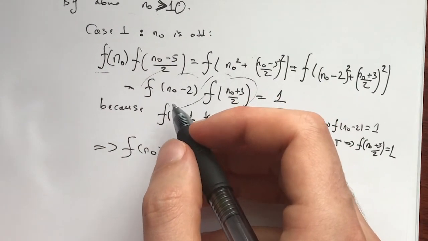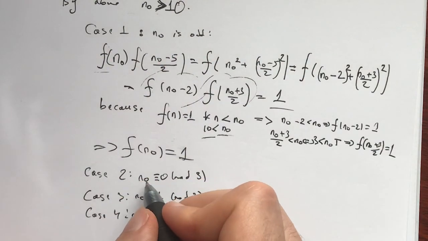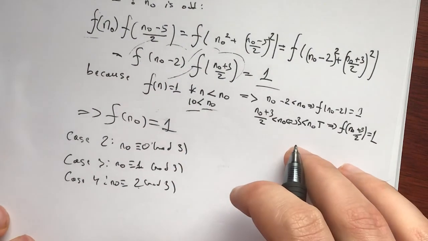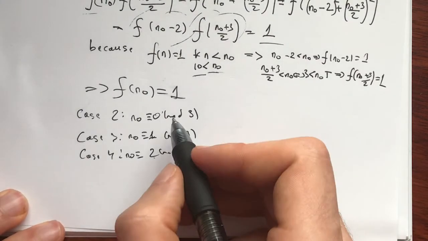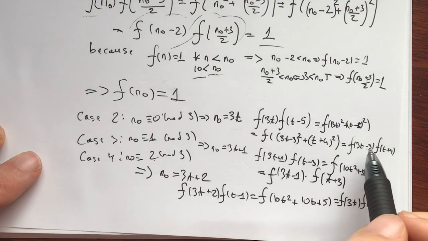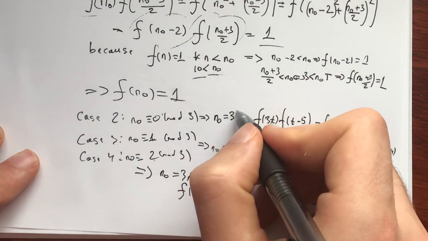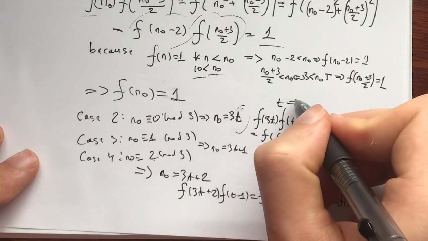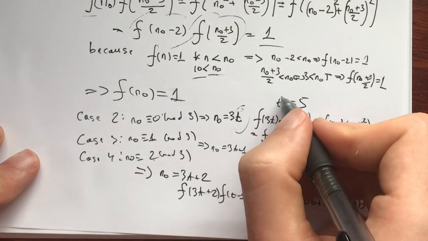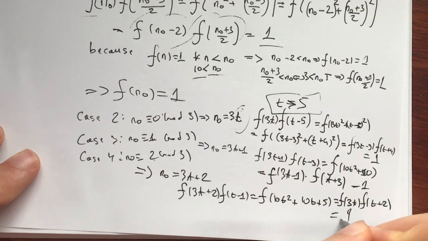And now we move on to 3 more cases, namely cases where n0 is 0, 1, and 2 modulo 3. And now here we deal with these cases individually, and we get these solutions. Now all of these are integers and 1, except in this case t has to be greater than 5. So we're left with dealing with one more case.